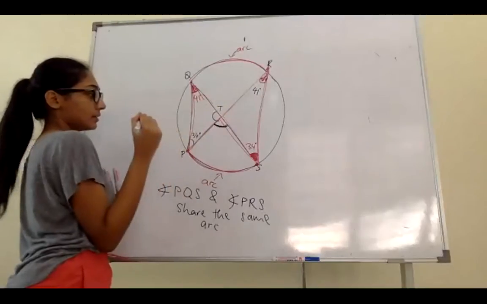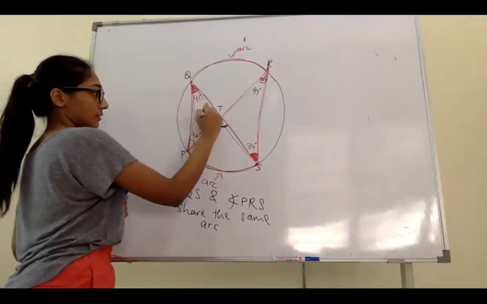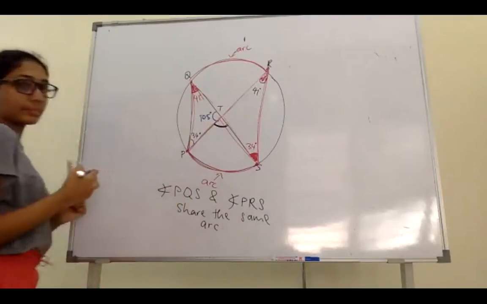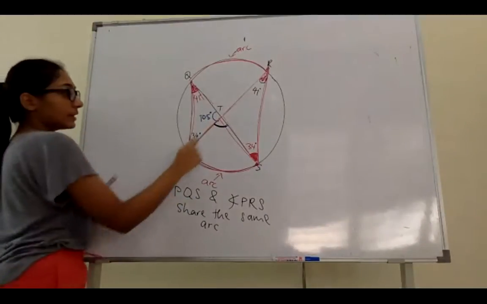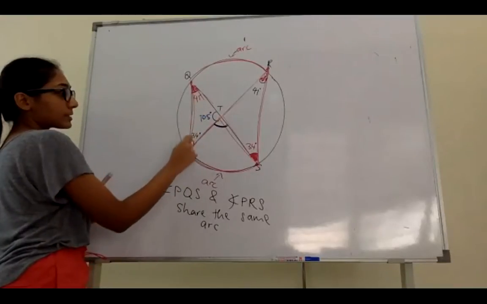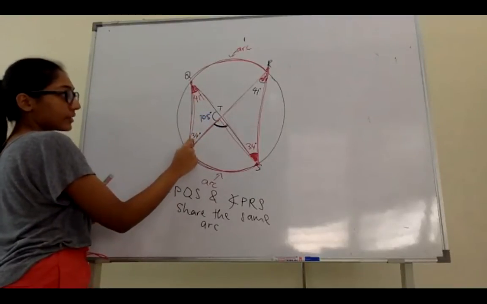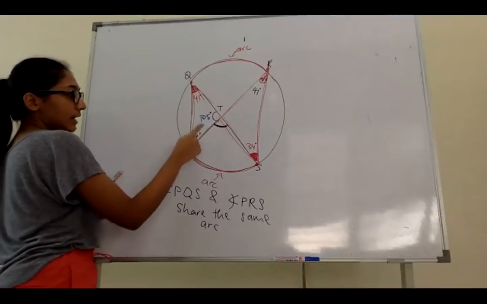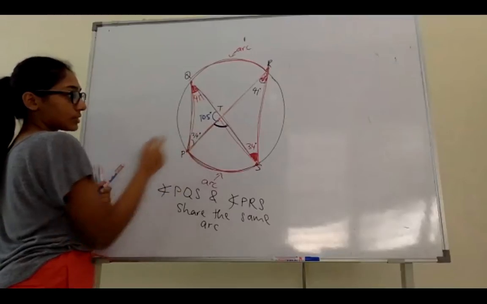Then you minus this. 41 plus 34 is 75. And a triangle is 180. So to find this one here, 180 minus 75, which is 105.